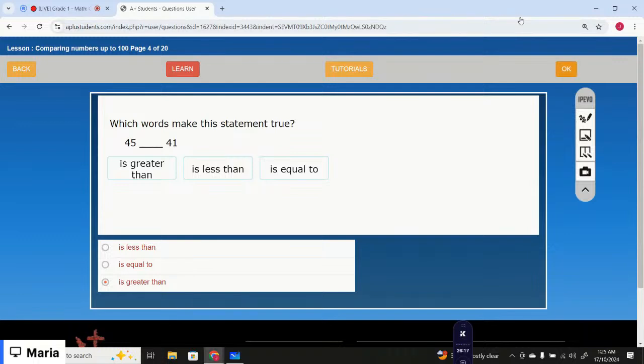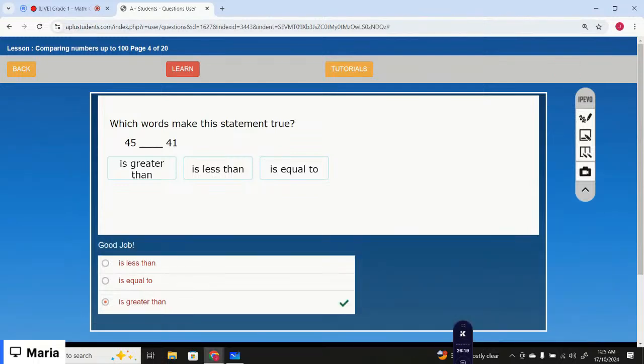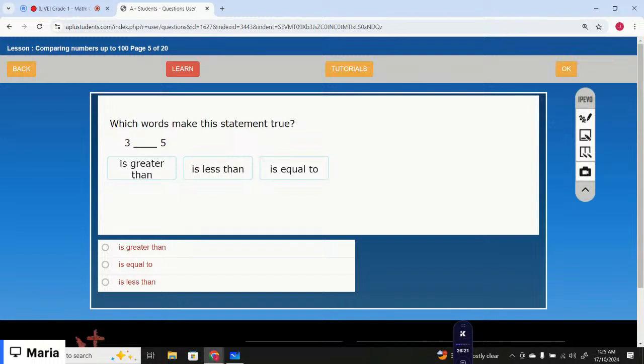The correct option is greater. Which words make the statement true? Which is the correct option?